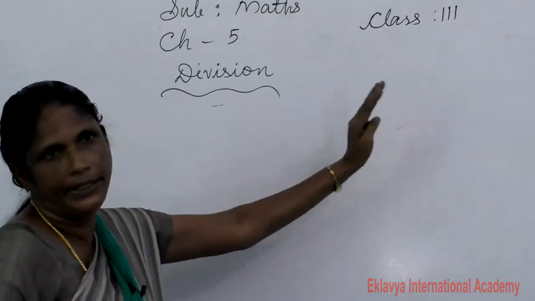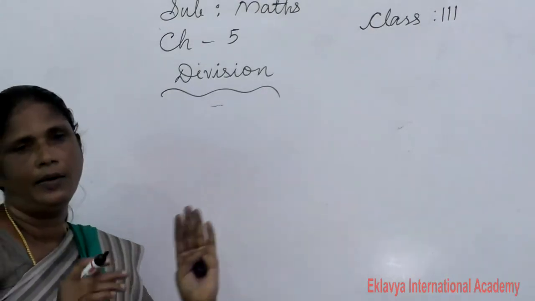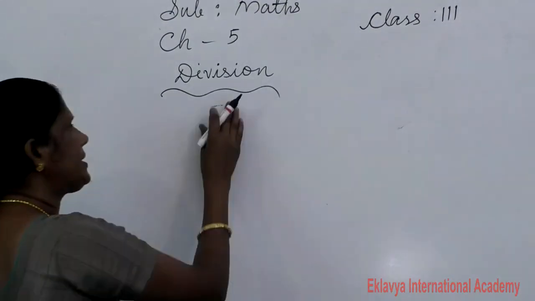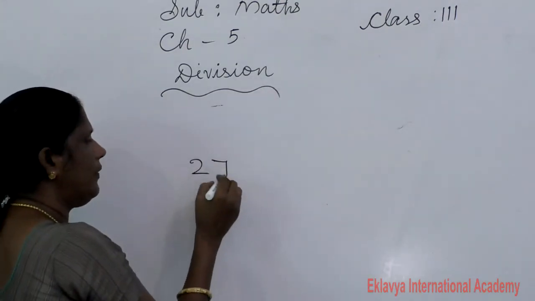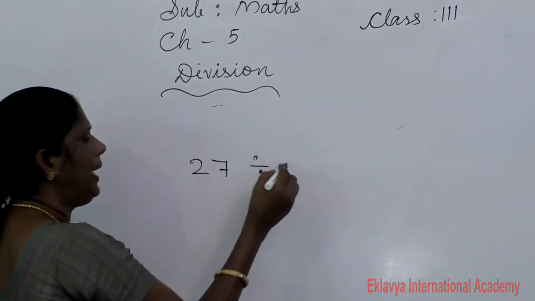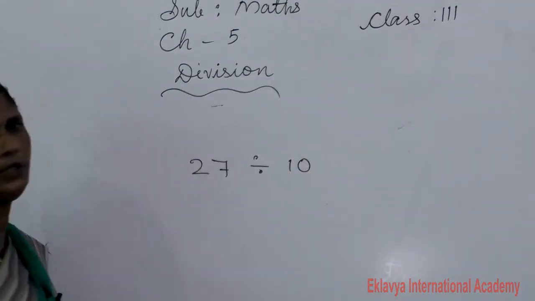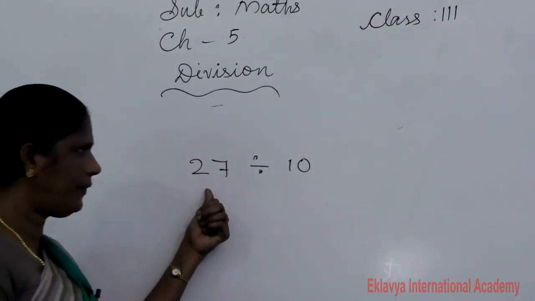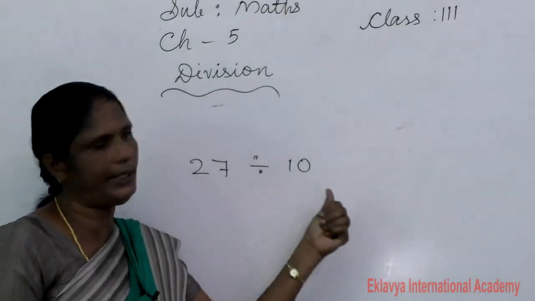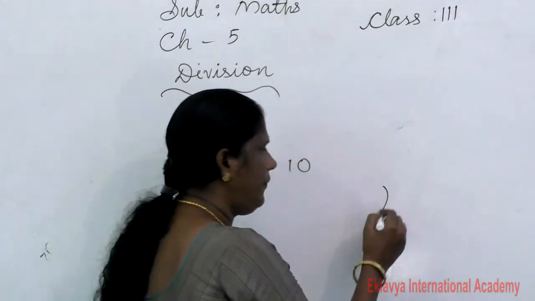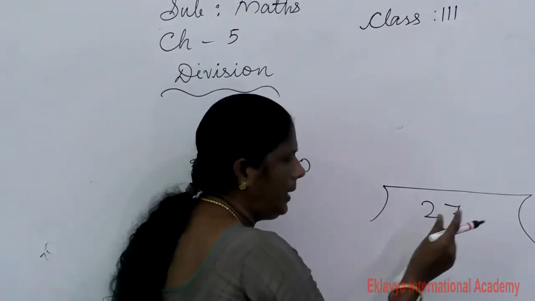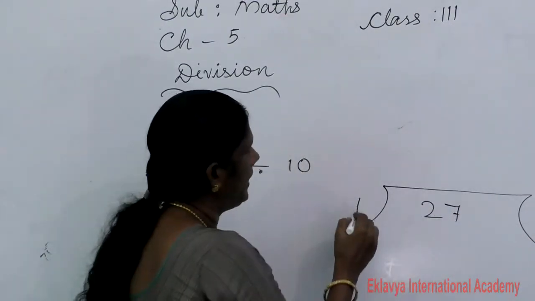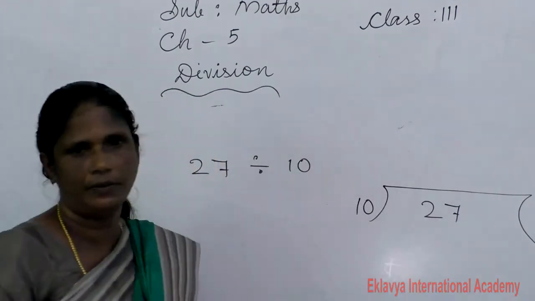Okay. Next, divide by 10. Listen. Look here. 27 divided by 10. क्या है question? 27 divided by 10. First we divide. 27 comes inside, then 10 comes outside.